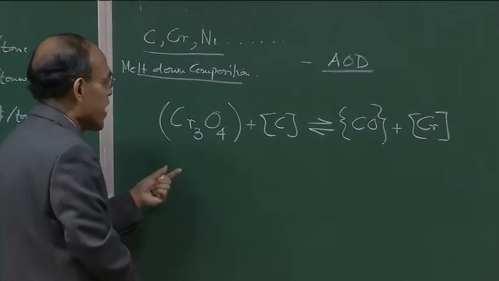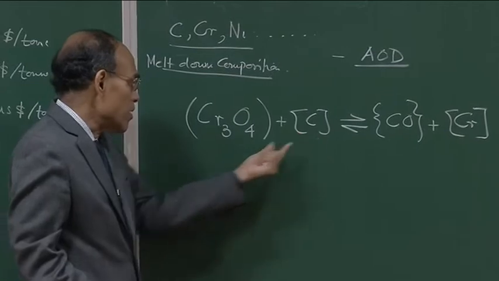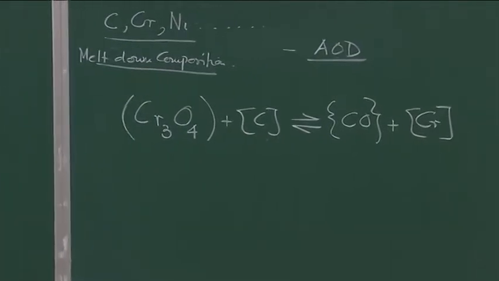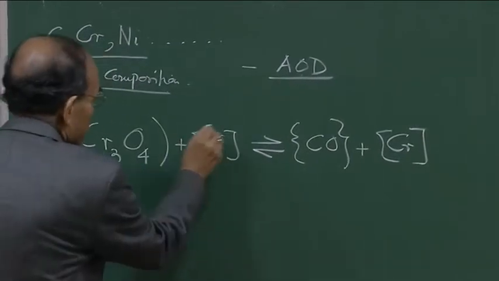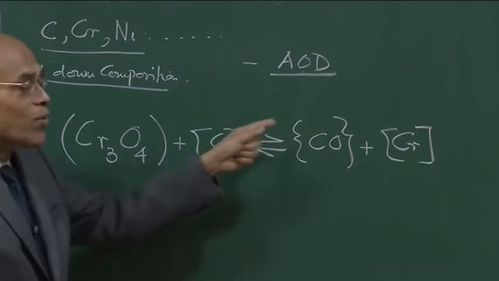What does this indicate? Carbon is dissolved in the metal, chromium oxide is in the slag, and if you can drive the reaction in the forward direction, the purpose is fulfilled.